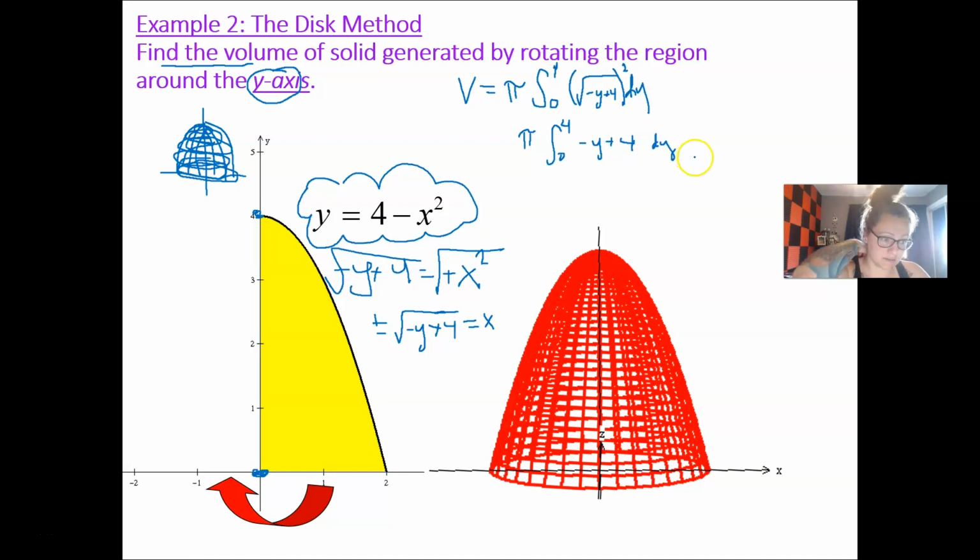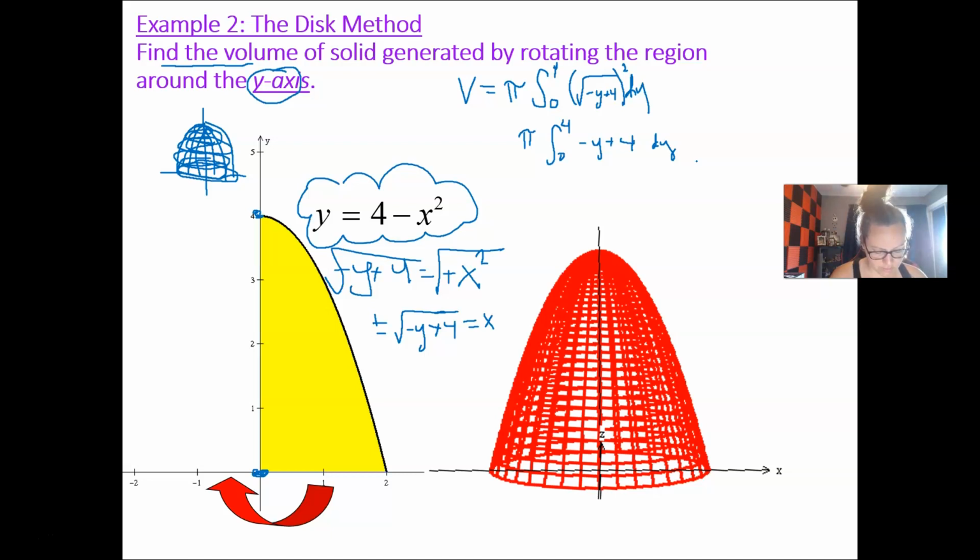If you're using your normal calculator, you can replace those with x's and it'll be fine. If you do just x and then dx, you'll get the same answer. I'm going to use Desmos.